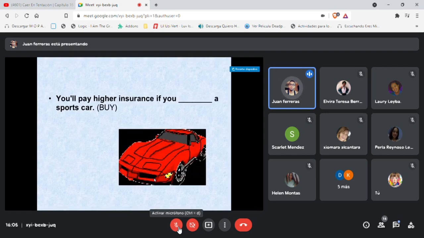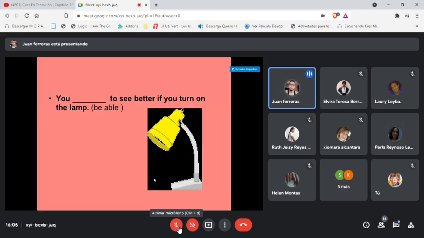What about this one? You will pay a higher insurance, seguro de auto, seguro médico, insurance, okay? You will pay a higher insurance if you buy, exactly, if you buy a sports car.